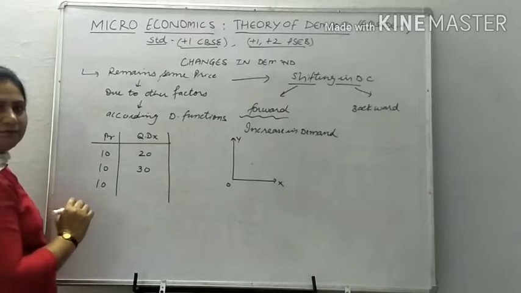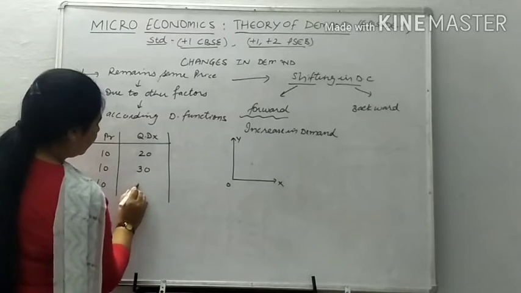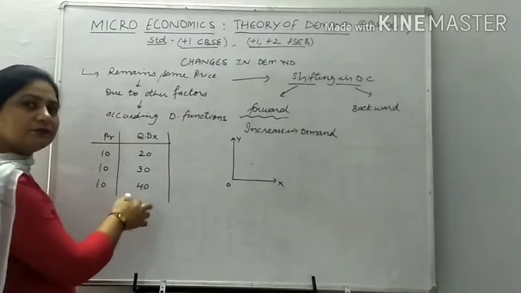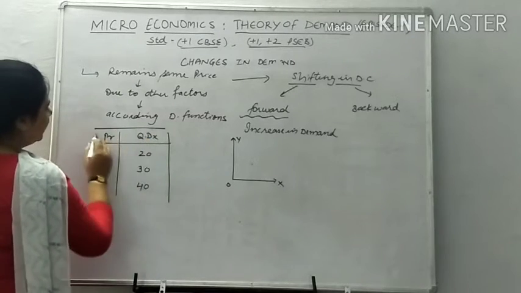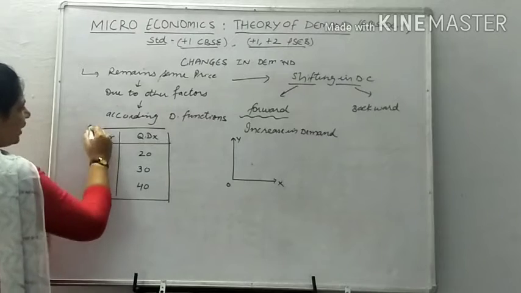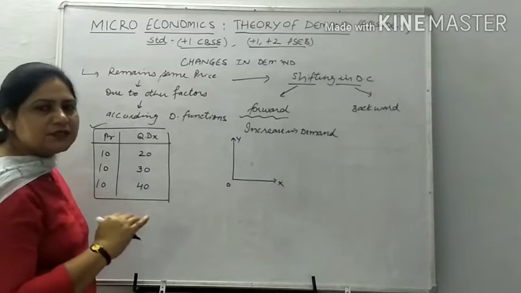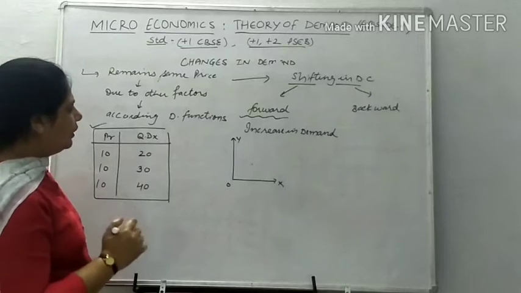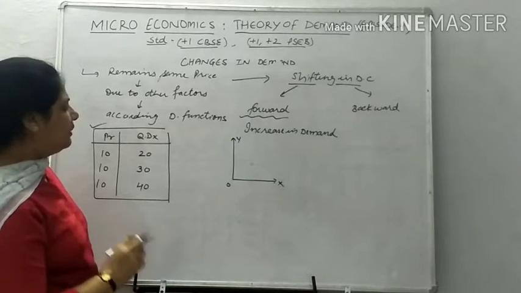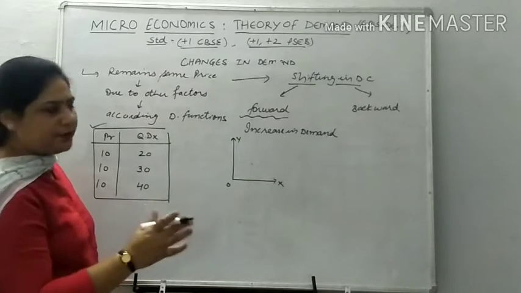Again price is the same, and the consumer is again making some changes in his demand. You see here students, there is no change in price at all, but consumer's demand is getting changed. It is increased. So this increased demand can be shown through a figure.